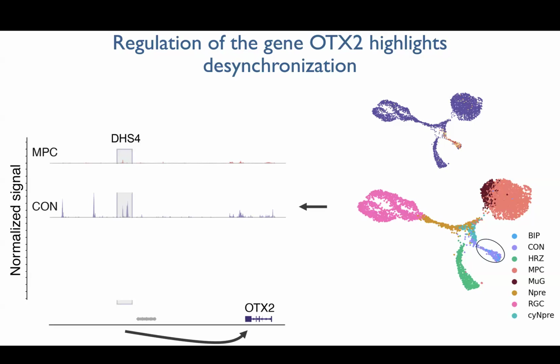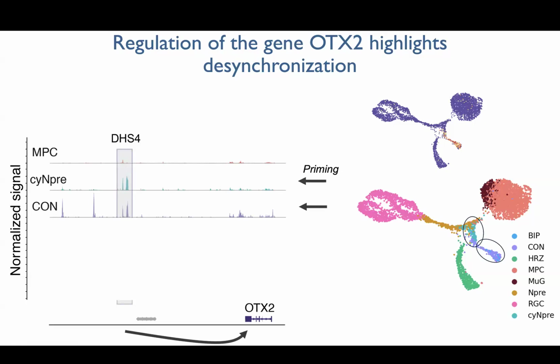Now, what's interesting is if you look at, for example, the cycling precursors, which are just one step before the cones, DHS4 is already accessible.